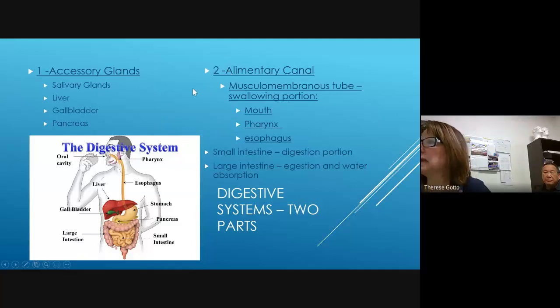The second part is the alimentary canal. Remember, it is a musculomembranous tube. It has the mouth, the pharynx, and the esophagus. The small intestine is what is doing the digestion portion, and the large intestine's job is to absorb water and eliminate waste.